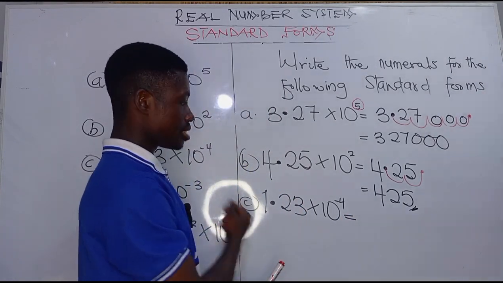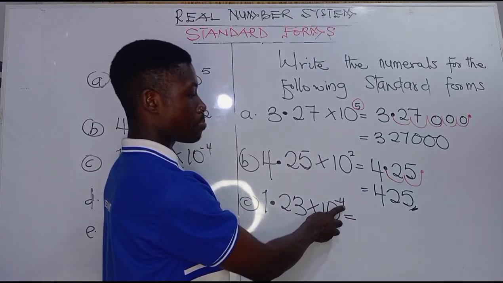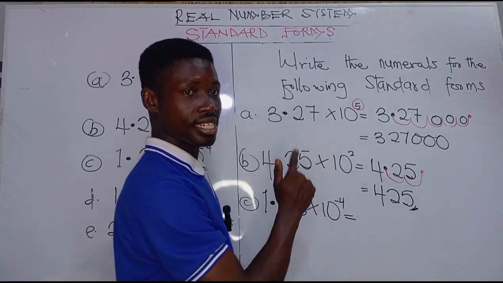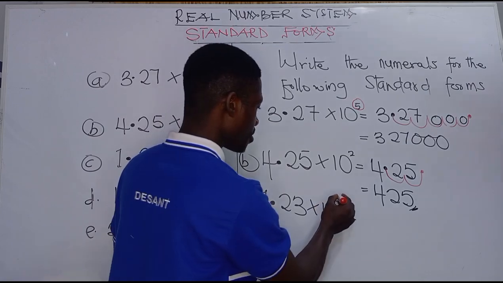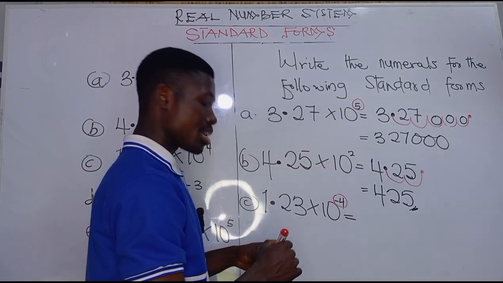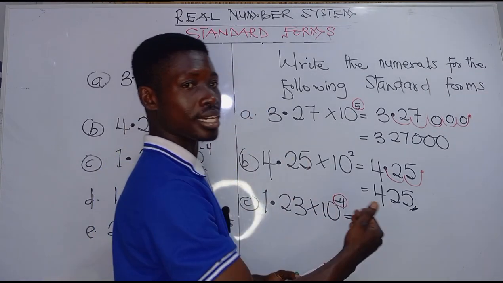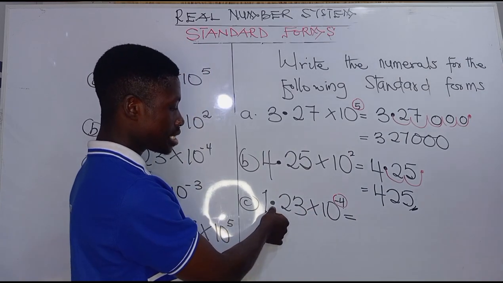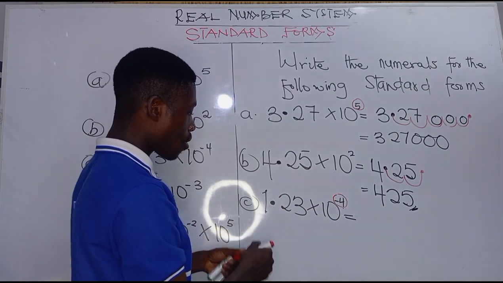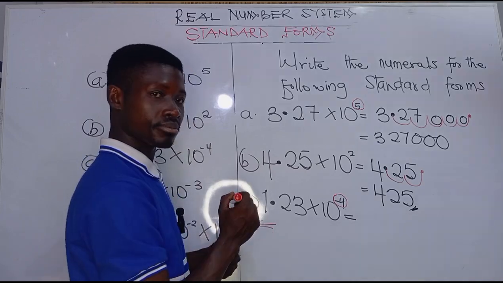With example C, we realize that the power is negative. The power is negative 4. And we have learned that a negative power tells us how many places we have to move the decimal point to the left.